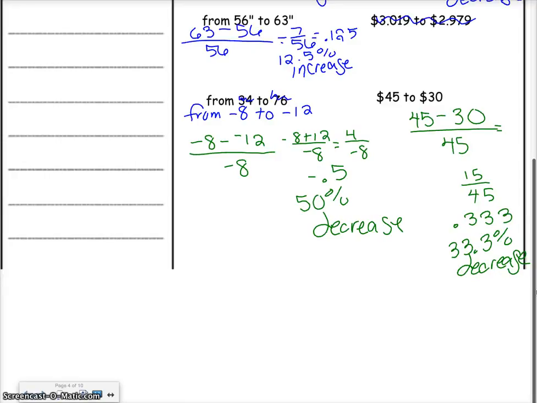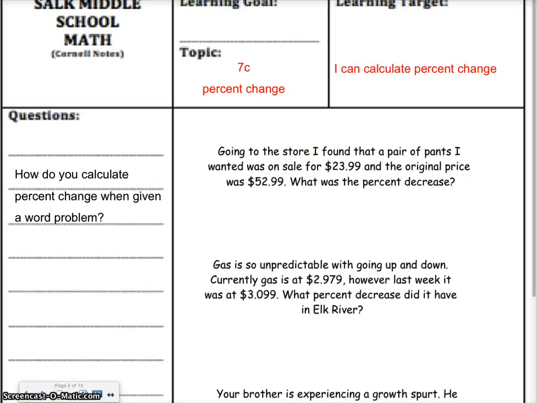Okay, let's do some word problems backside. All right, same thing. I'm going to the store. I found that a pair of pants I wanted was on sale for $23.99. The pants were originally $52.99. What was the percent decrease? And percent decrease is really your discount.